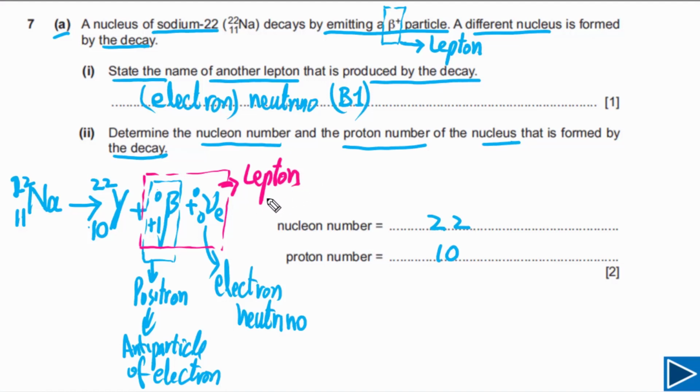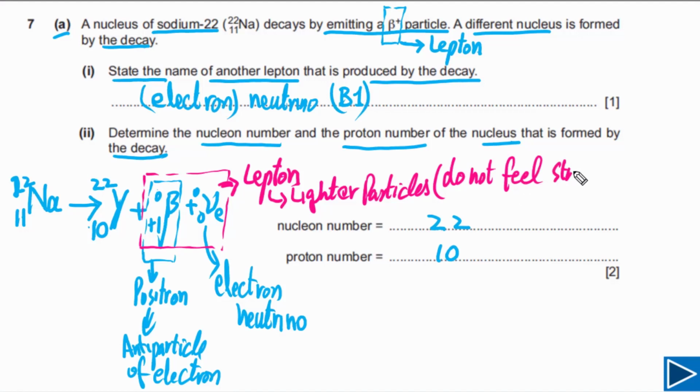When we talk about leptons, we are talking about lighter particles. These are lighter particles and they do not interact with the strong nuclear force, or simply they do not feel the strong nuclear force, because leptons are not present in the nucleus.